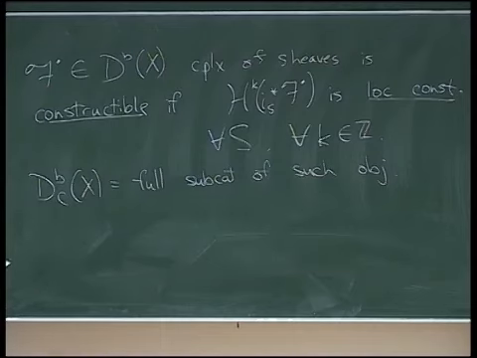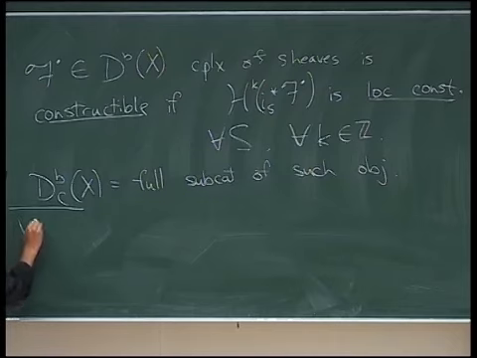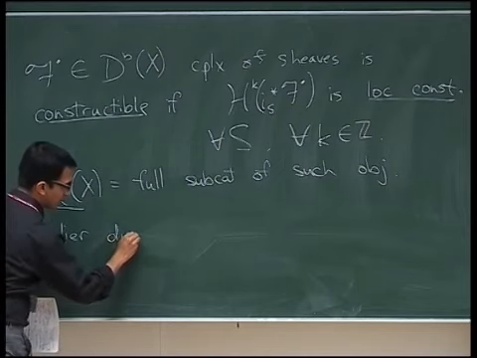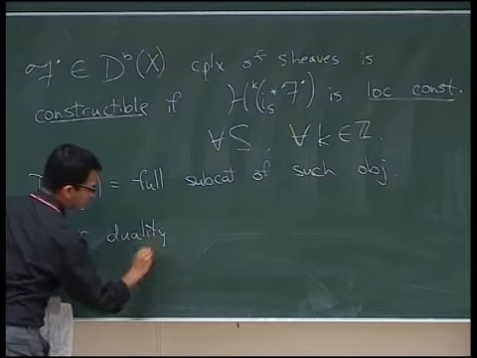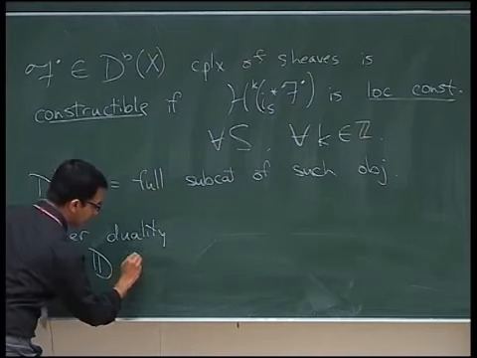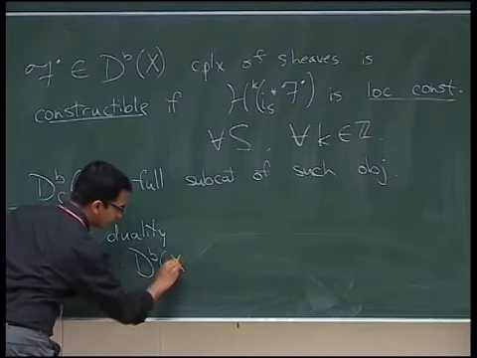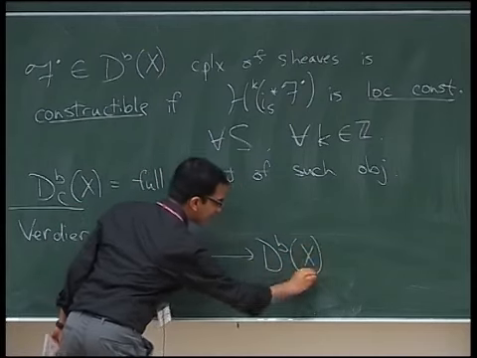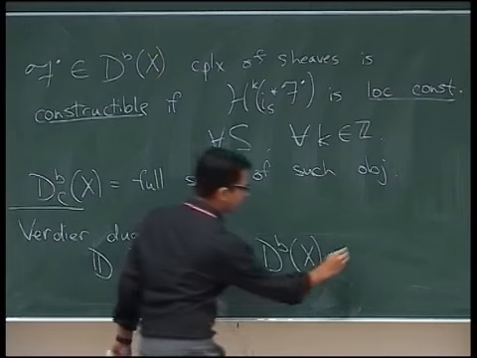Okay, and then the next little bit of machinery that I need is Verdier duality. So Verdier duality is a functor from the bounded derived category of sheaves to itself, and it's an anti-auto equivalence.